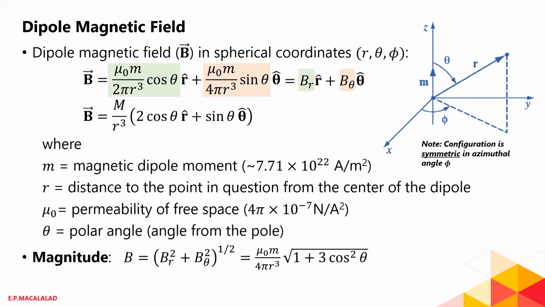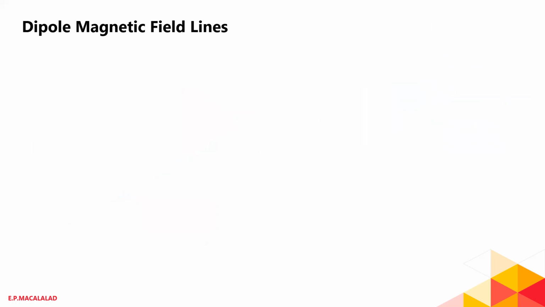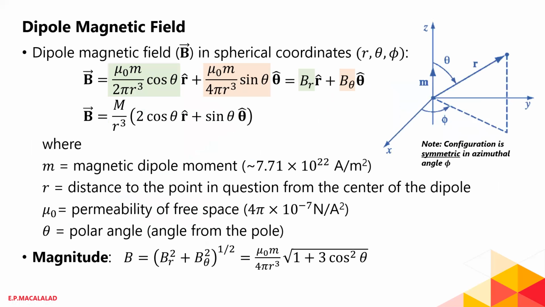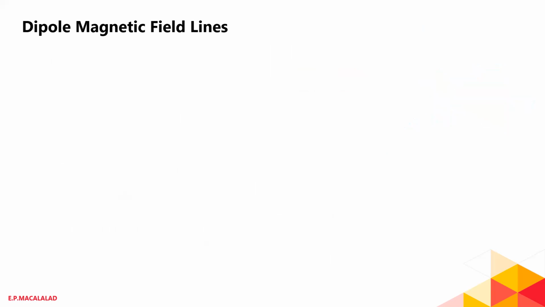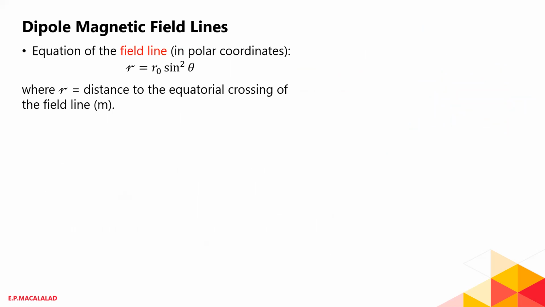One of the things that we should know about the dipole magnetic field is the magnetic field lines that it creates. Aside from this, these are your magnetic field vectors. Now, if we're going to draw the magnetic field lines, it's a little bit different story. Remember, field lines are different from your magnetic field vectors themselves.